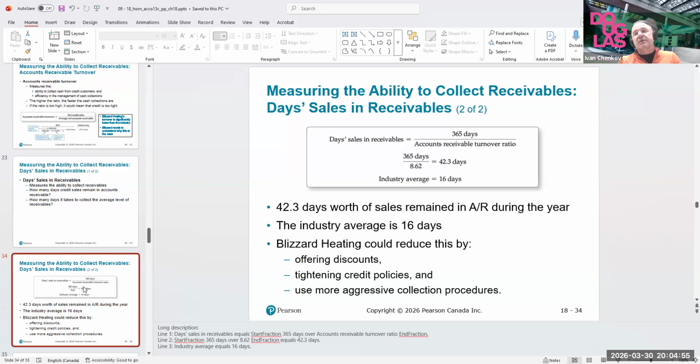No. Now the question is, what can we do? Can we speed up the collection? Here are suggestions on how to speed up the collection. We can offer the client a discount. We can change the credit policy.